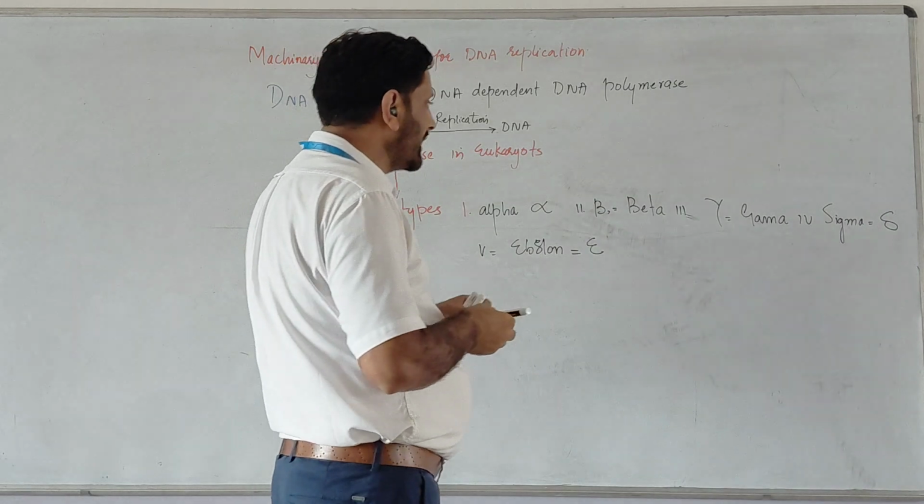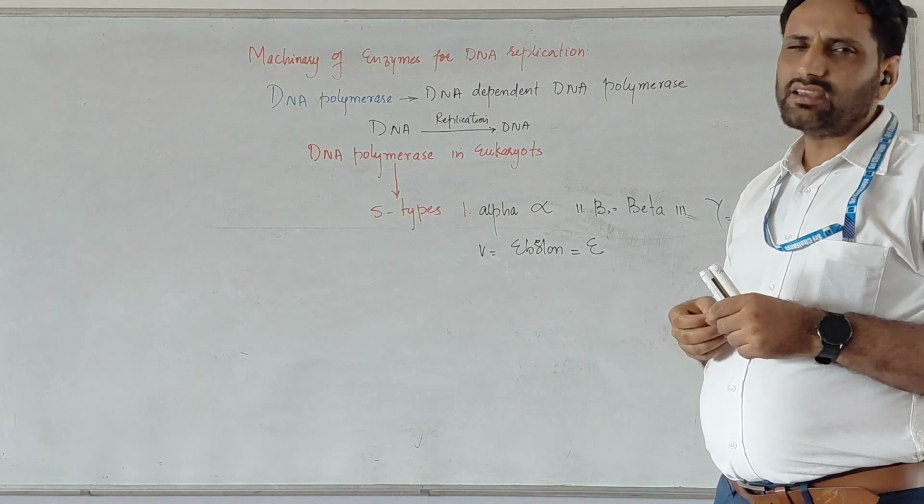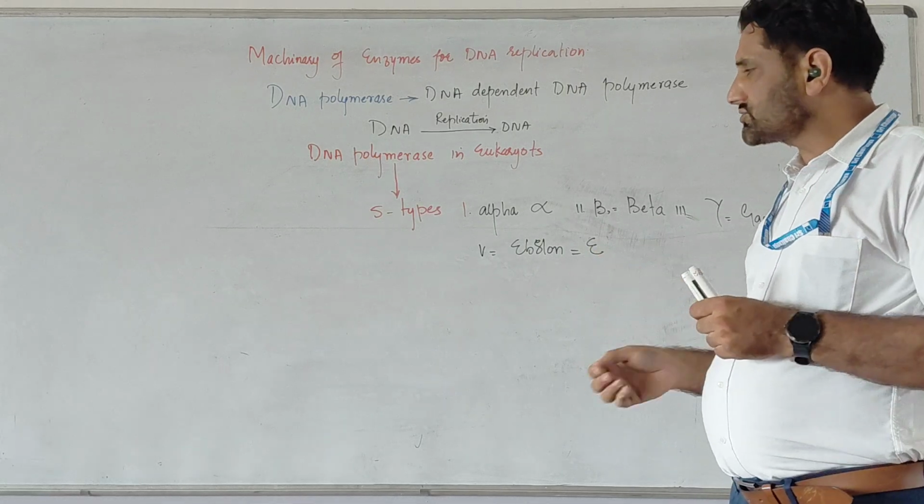These are the 5 DNA polymerases found in eukaryotes. It is not in the NCERT, so no need to remember it, but you can remember it for additional knowledge.